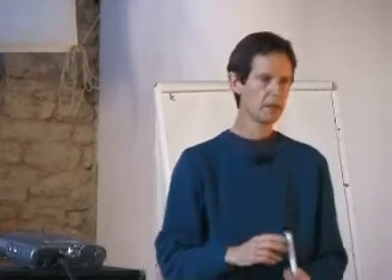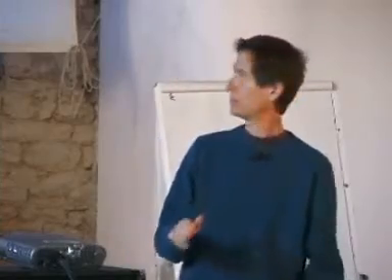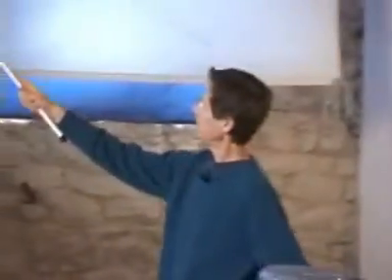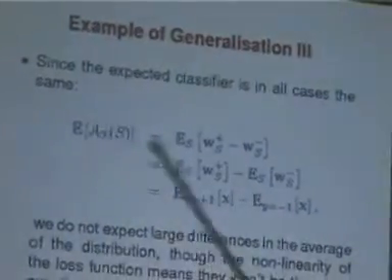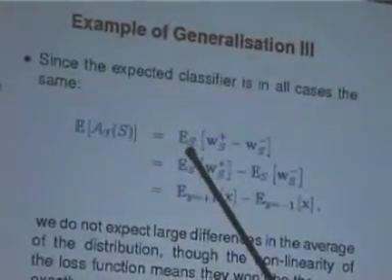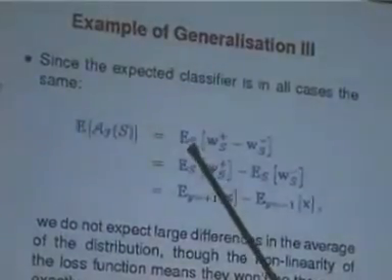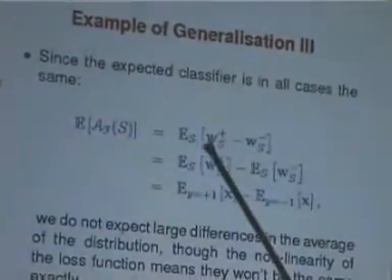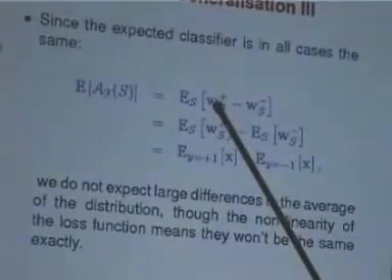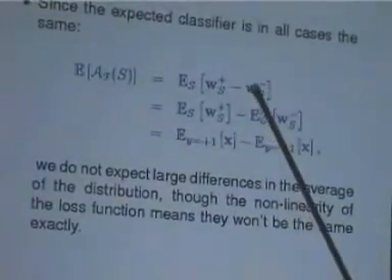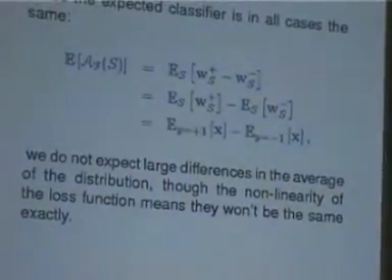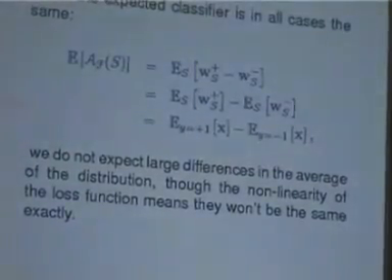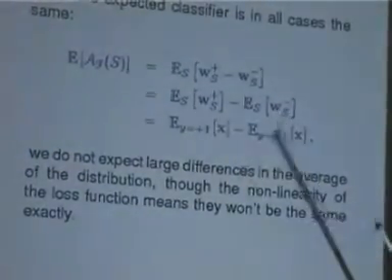The reason this is quite an interesting example is that actually the expected classifier that we get in all cases, whatever sample size we take, is the same, because the expected value of the result of this learning algorithm is the expected value, under the particular training set, of the average of the positives, which I'm denoting W plus sub S, and the average of the negatives, which I'm denoting W minus sub S. And because the expectation can go through addition, we can actually write this as the expectation of the positives minus the expectation of the negatives.